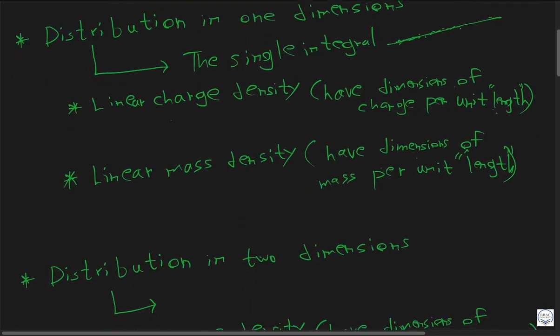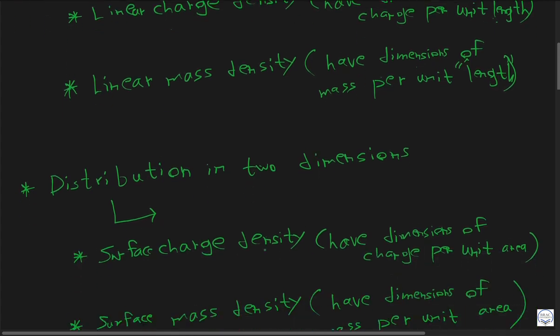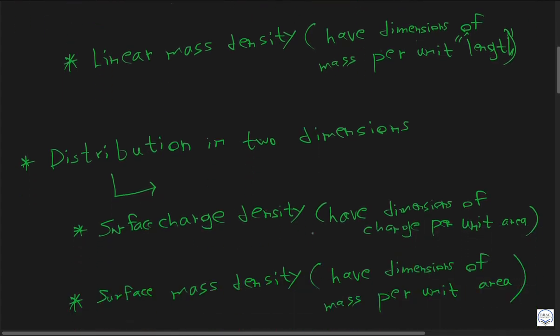Next, we move on to distributions in two dimensions. Examples include surface charge density or surface mass density, and they also have the same pattern. Now our integral will be a double integral. It was a single integral before.